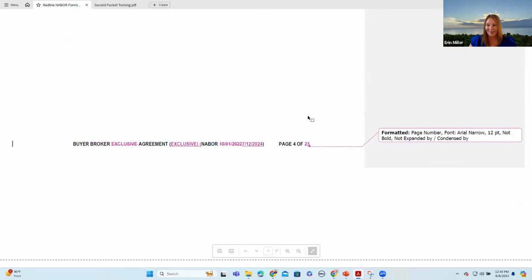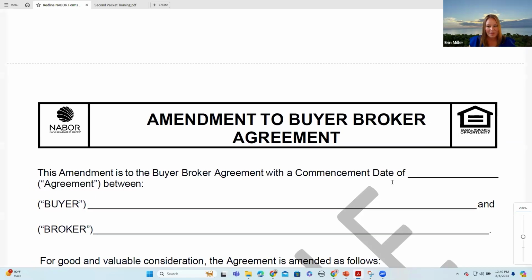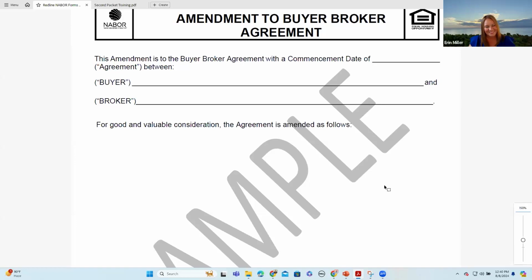Okay, I'm scrolling down to an easy breezy form that is easy breezy because it is blank, but again, because this is language that would be binding upon your brokerage and binding upon the buyer, I would strongly urge you to get whatever you want to put in this amendment to the buyer broker agreement approved by counsel.